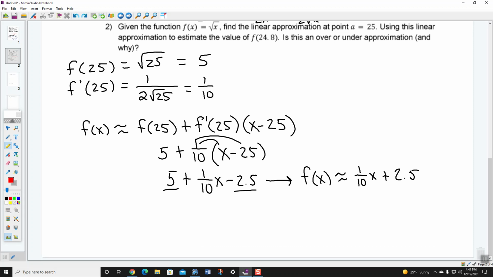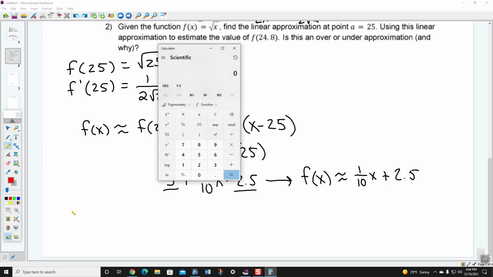So in my calculator, if I take the square root of 24.8, in actuality we get about 4.9799, it looks like. I'm just going to jot that down. The actual is about 4.9799.